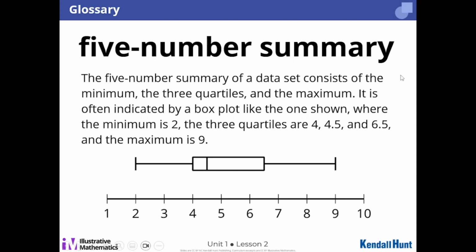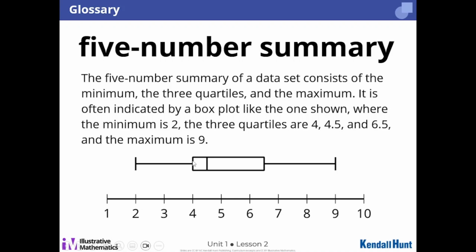This is going to be a very important vocabulary term. Remember that one of your learning targets is to be able to calculate this 5-number summary. So we need to remember that on the far left end, we have the minimum. On the far right end, we have the maximum.